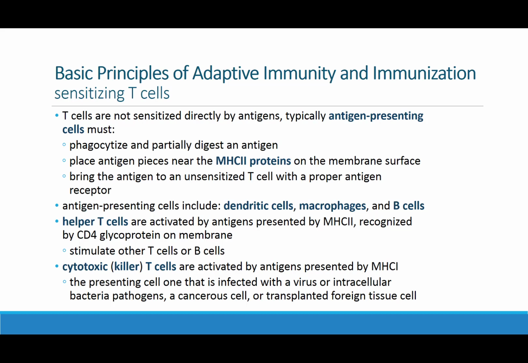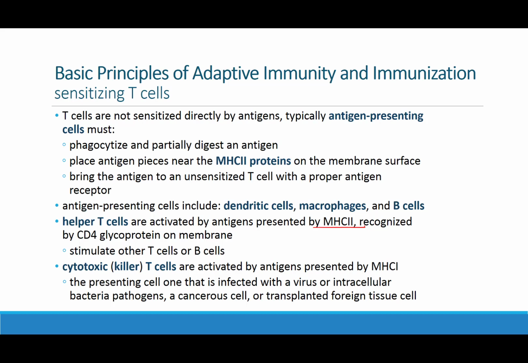Some of the cells that can act as antigen-presenting cells are dendritic cells, another type of lymphocyte, macrophages, those monocytes that have grown up and become macrophages, and B cells can also serve as antigen-presenting cells.